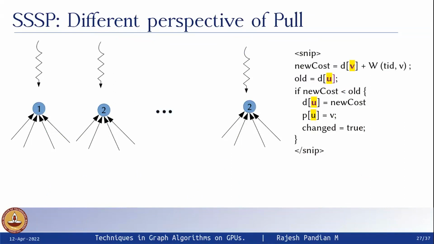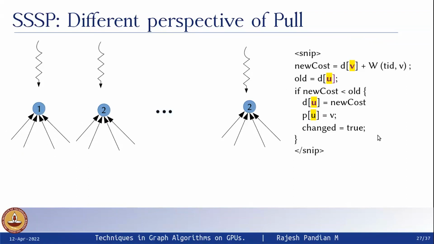An alternative approach is to assume that the data comes from the neighbors, which means that we are actually pulling the data from the neighbors. We are iterating through the neighbors, but instead of pushing the distance from itself to its neighbors, we are pulling the data from the neighbors and updating ourselves. So this is called the pull approach.